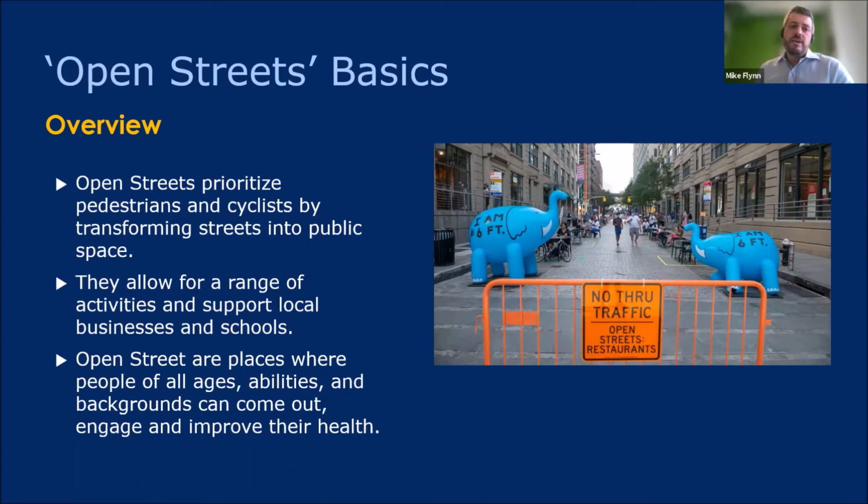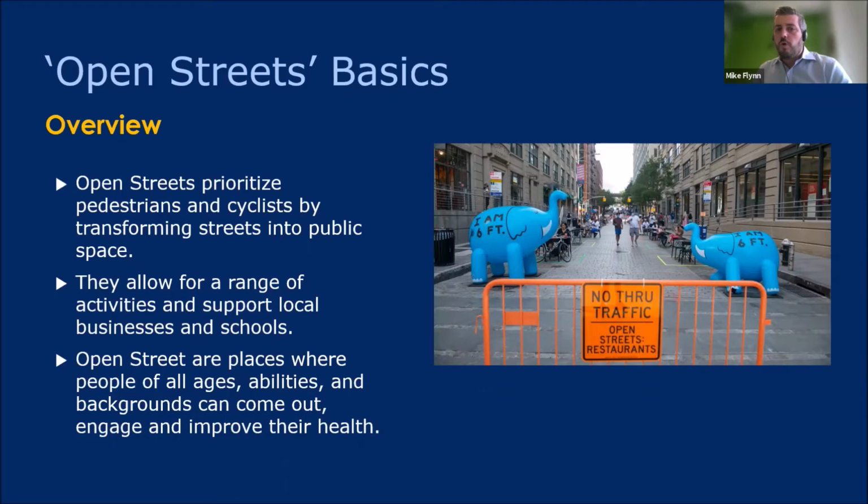But basically, it's streets that prioritize people walking and biking by essentially turning the street into public space. And there's different ways to do that. You can do it by totally closing it, or maybe allowing just local traffic, or by just creating more pedestrian space within the road.